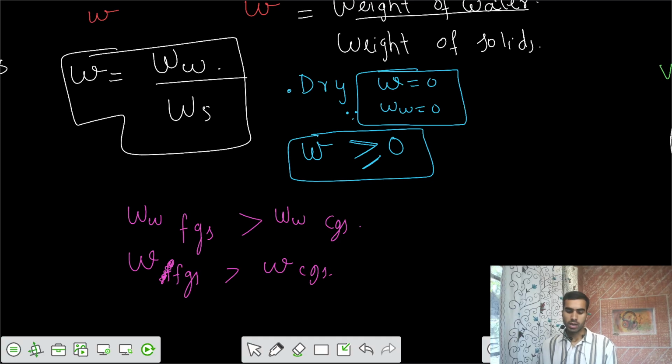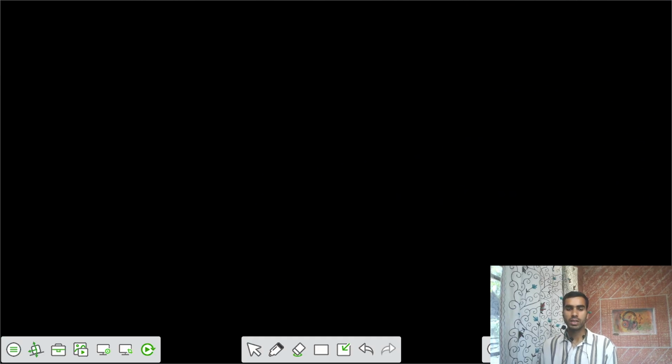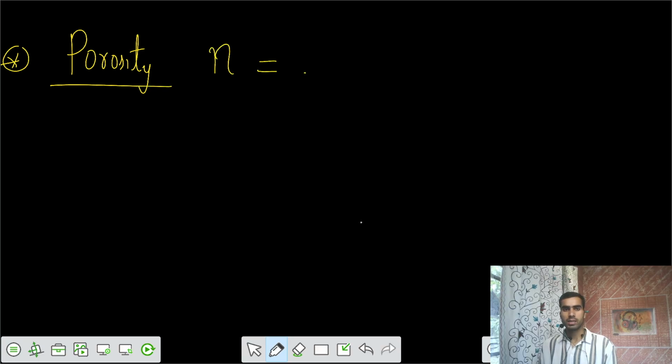Now the third parameter, third definition, third important tool, that we call porosity. We write it as small n. That is actually the volume of voids with respect to total volume of soil.